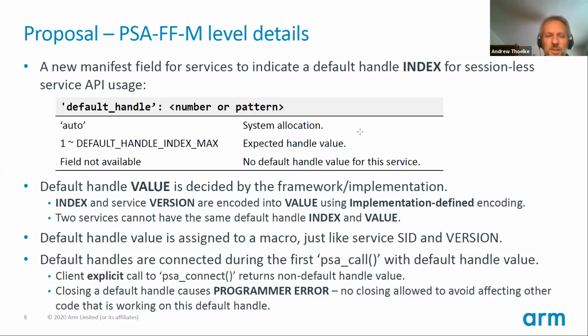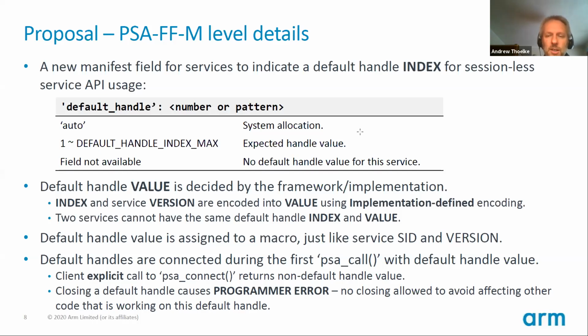Now, we realize this might limit the number of versions you might have in a service. Possibly you'll only end up with 16 bits worth of version, but we think that's probably more than adequate. The implementation will decide how to encode that into the handle value, and all the implementation needs to do is ensure that those values are not the same as the ones it generates when you call PSA Connect. The indexes have to be distinct for different services, so obviously that would mean you end up with different values.